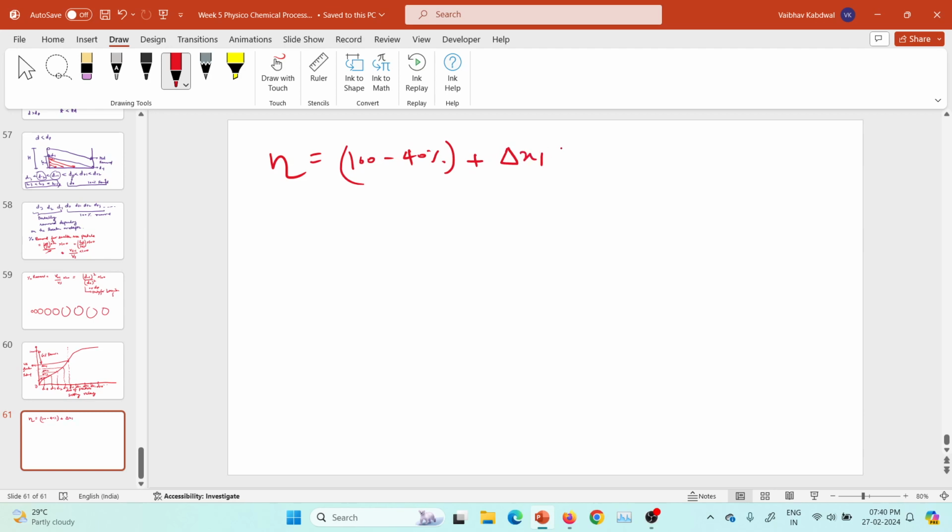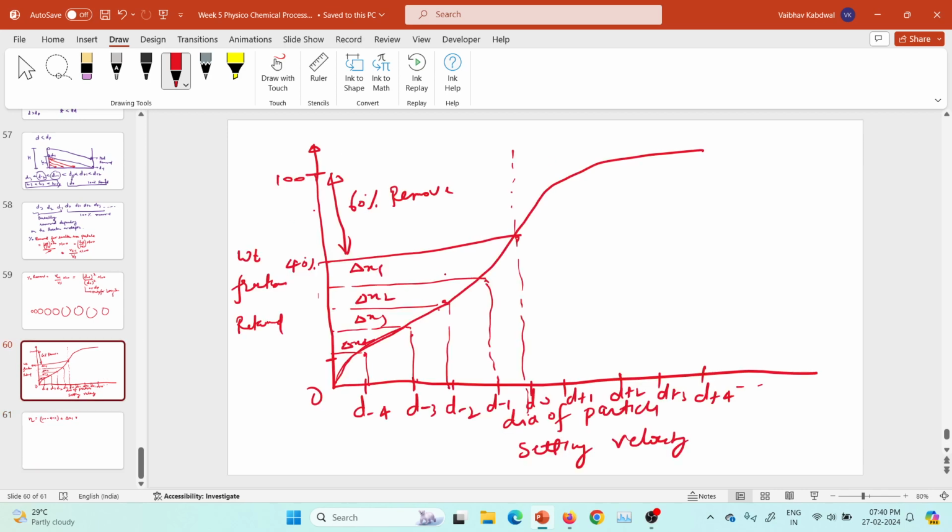How much delta x part will be removed? We are taking it as average velocity here.